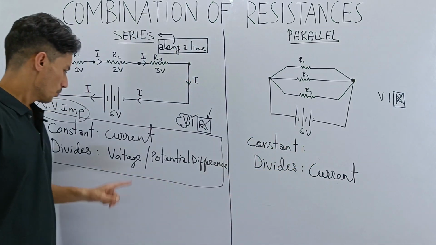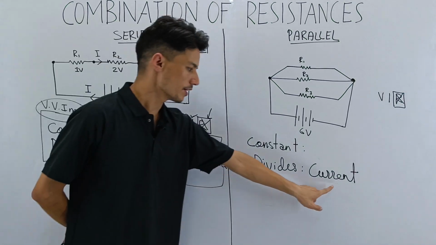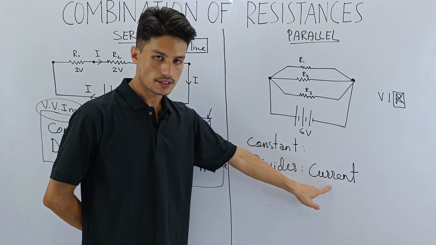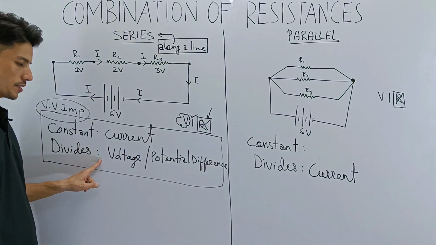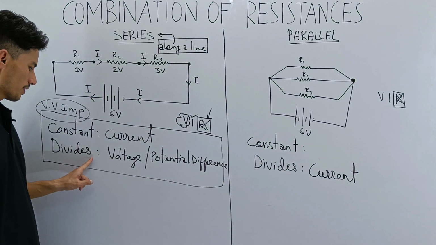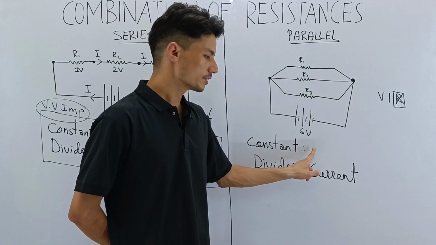So current is constant in series, current gets divided in parallel. I told you now opposite will happen. And potential difference, which is voltage, will remain constant in parallel.